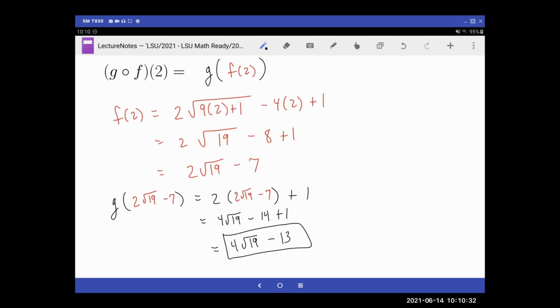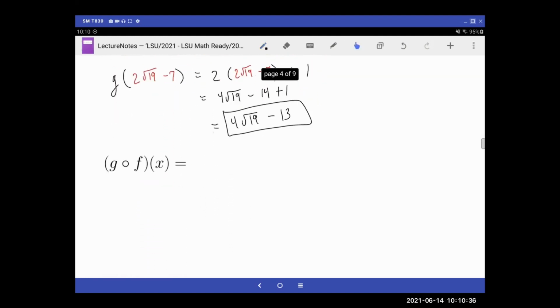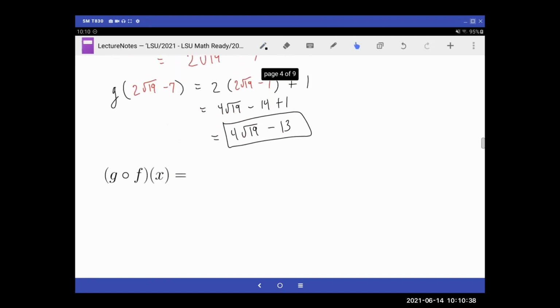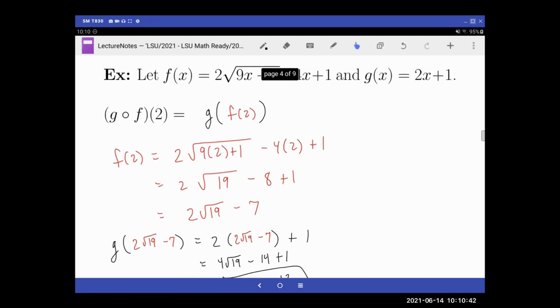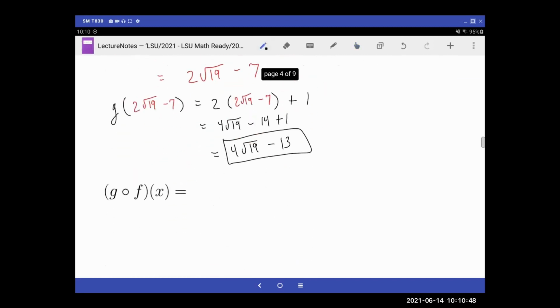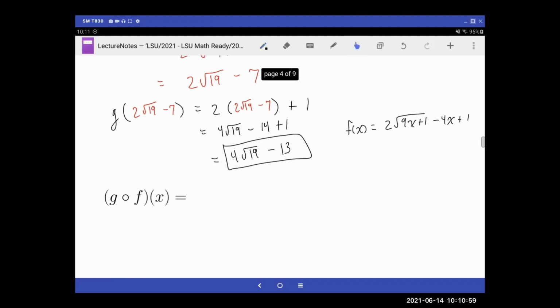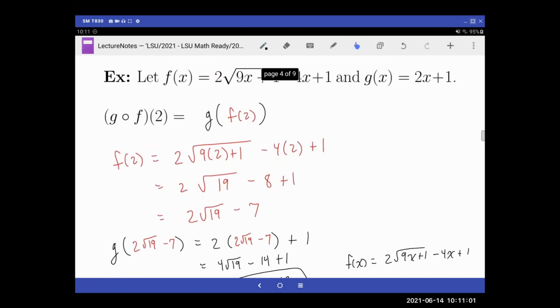Another way to think about it is let's just find a single formula for the function. Okay, so I need to go back and see exactly what f of x was. That was 2 the square root of 9x plus 1 minus 4x plus 1. Okay, I think I jotted that down right.